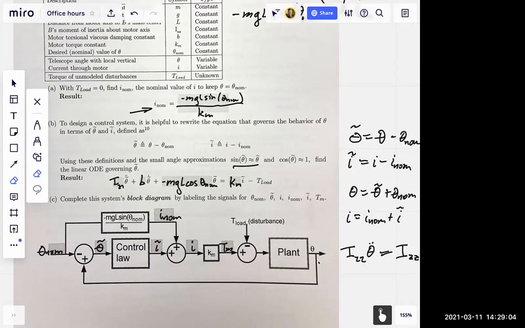No. Can you explain the control law part again? Like passing theta tilde in and getting I tilde out?